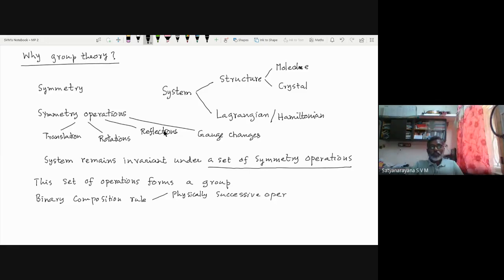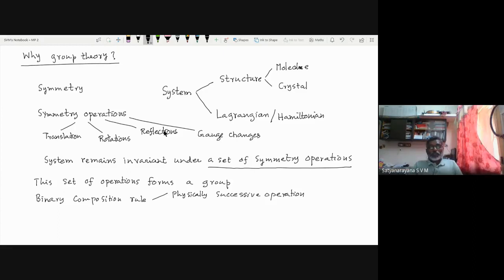That means you first perform one operation and then perform another operation. Now, it turns out the result of performing two successive operations will be equivalent to performing one of the operations that is there in that set. Then we say it is closed.